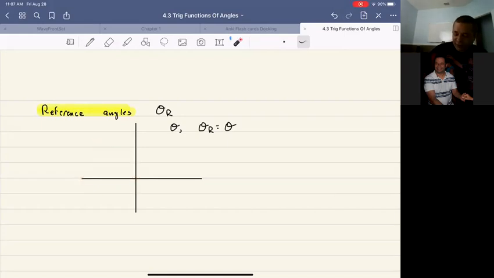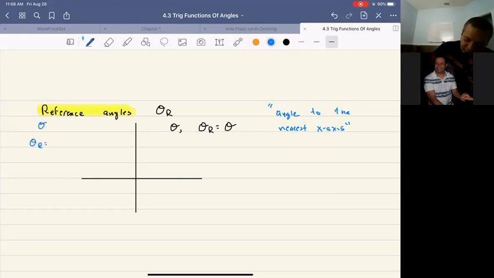So it's the angle to the nearest x-axis. In the second quadrant, if we're given an angle theta, theta r is either 180 degrees minus theta or pi minus theta, depending on if you're in degrees or radians.